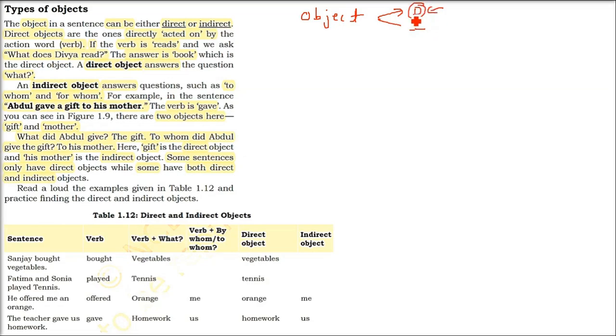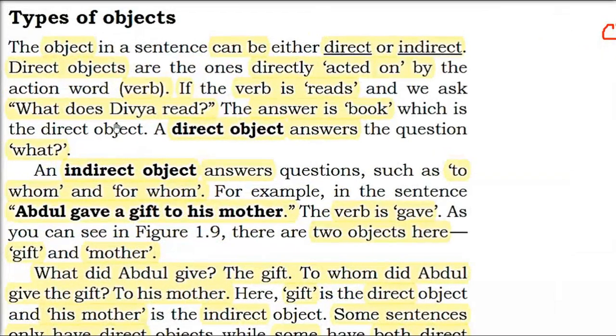So the action is happening directly on it. Let me give you an example. What does Divya read? In the sentence we discussed, reads is the verb, and the answer is book.